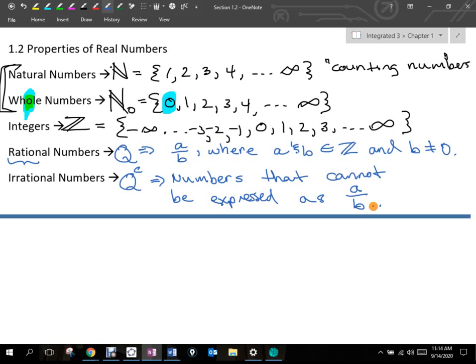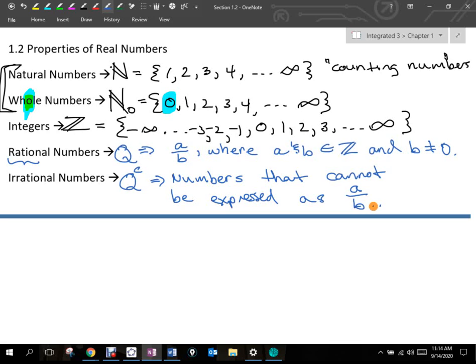Everything that we have in all those lists so far can be written as a fraction. If I think about the number 4, can I write that as 4 over 1? That's a fraction, right? And it's still 4. Anything in that rational list, 2 or 3, 5 or 7, 112 over 15, those are all rational numbers. They can be written as a number divided by a number. There are some numbers that you cannot do that with.